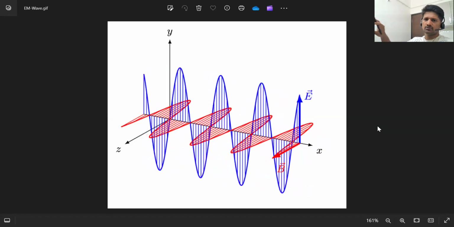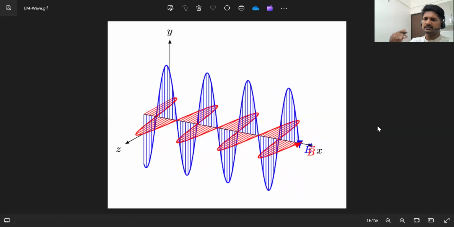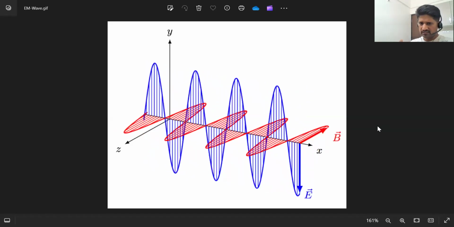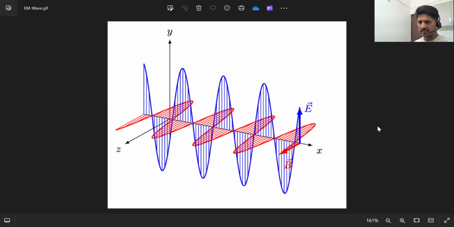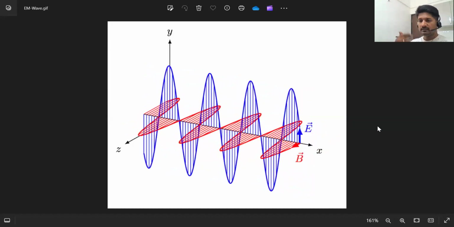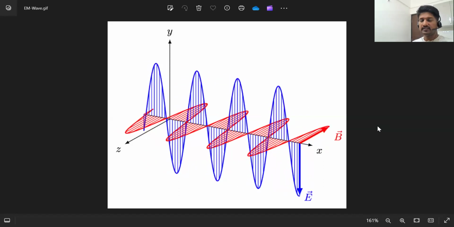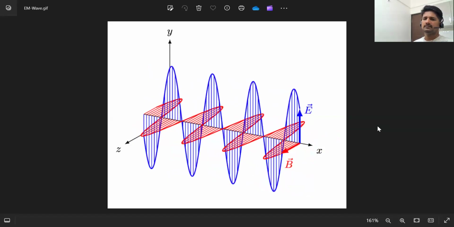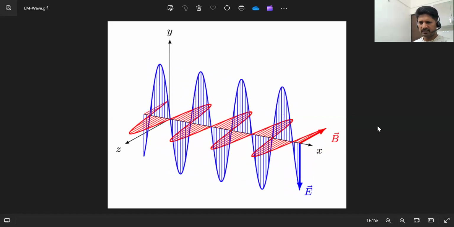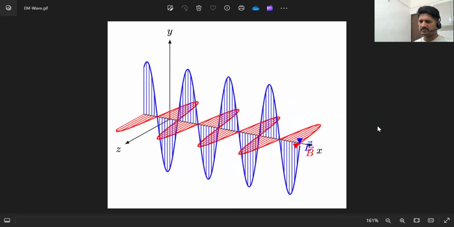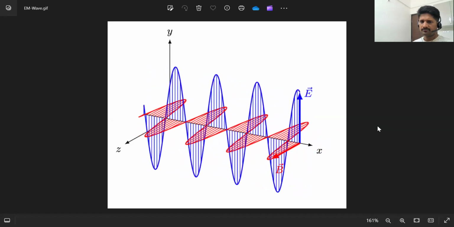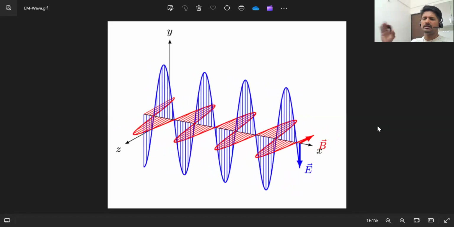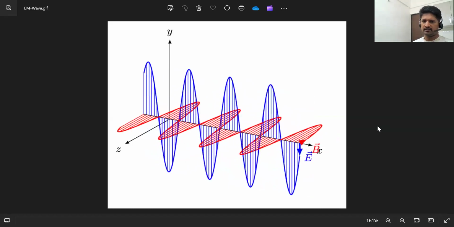As the wave passes through that point, the electric field strength increases positively, goes to 0, then increases negatively, comes back to 0. The field keeps oscillating. And simultaneously, the magnetic field also keeps oscillating, and you can clearly see that the angle between them is 90 degrees. And the same happens at every point where the electromagnetic wave is propagating.